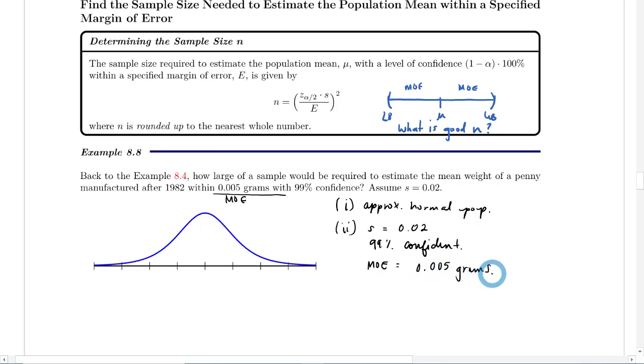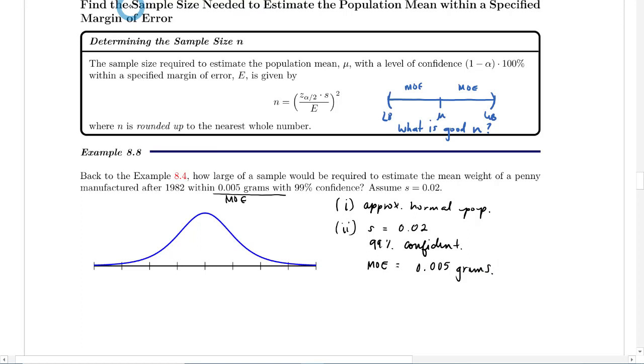Okay, so I think we're ready, and what we really want to do is find this sample size, like how big does it have to be so the probability of success is high enough that we can be within 0.005 grams of the population mean.